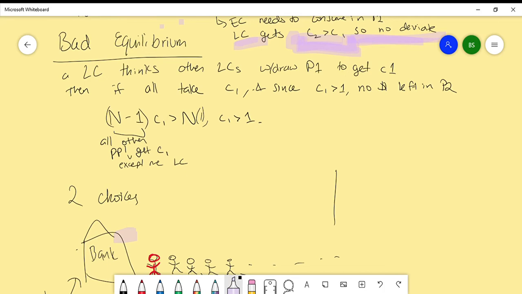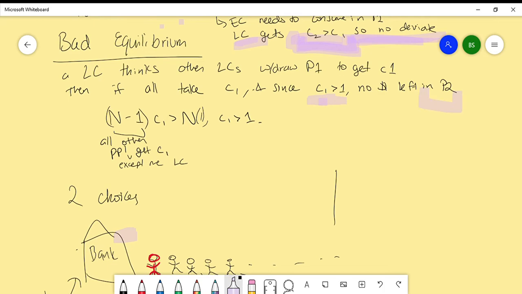So it's not bad, right? There's not that much of a difference. Now, if everybody else takes C1, and since C1 is greater than 1, there will be no money left over for me, the last person in period 2.